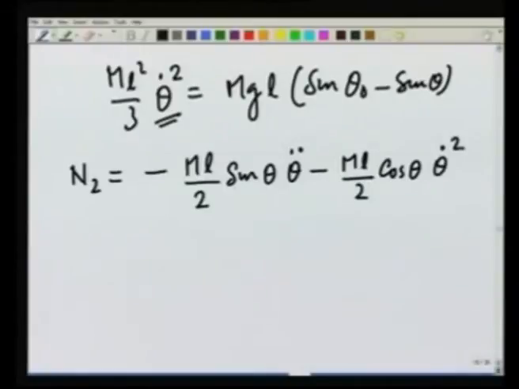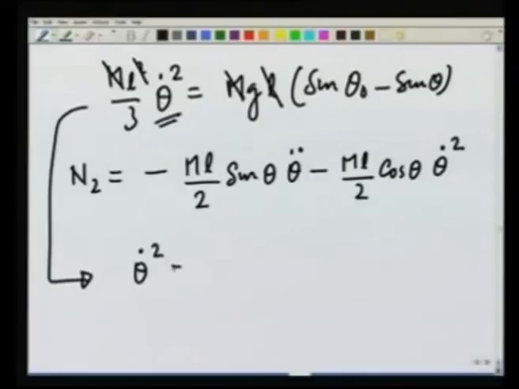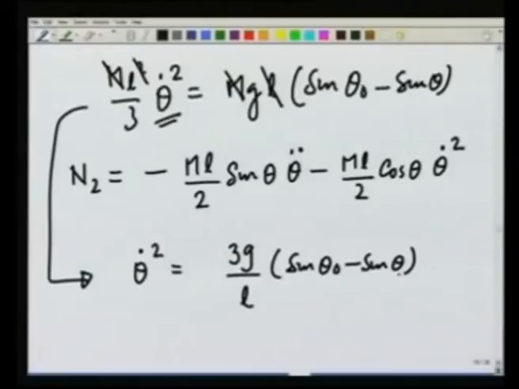And let us substitute. Let us cancel m, and this gives me theta dot square is equal to 3g over L sin theta 0 minus sin theta.